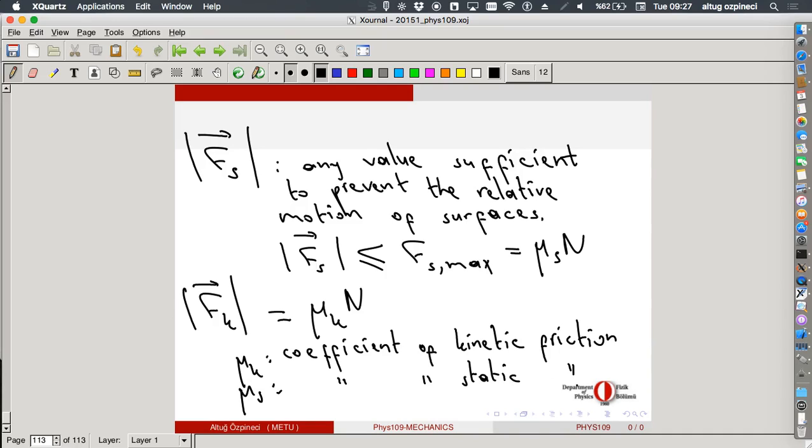These are just numbers that we have to determine by experiment. Up to now, we don't have any means of calculating these coefficients. We don't know how to calculate them.